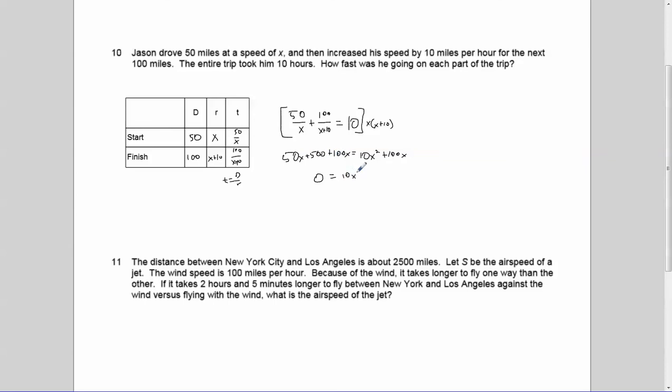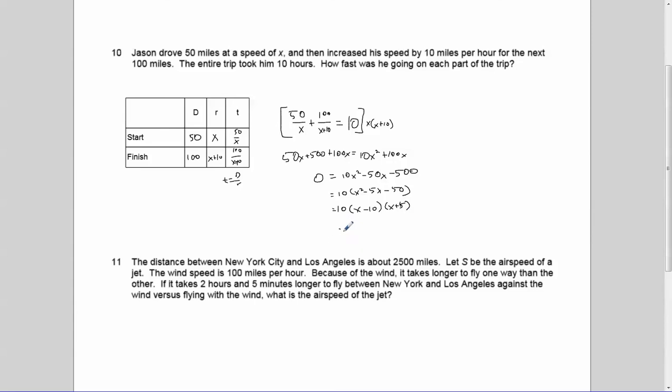First I'll write this 10x squared. So 150x is being subtracted. We end up with negative 50x, and then 500 is being subtracted, so we get minus 500. We can factor out this 10. And then factor further to get x minus 10 and x plus 5.